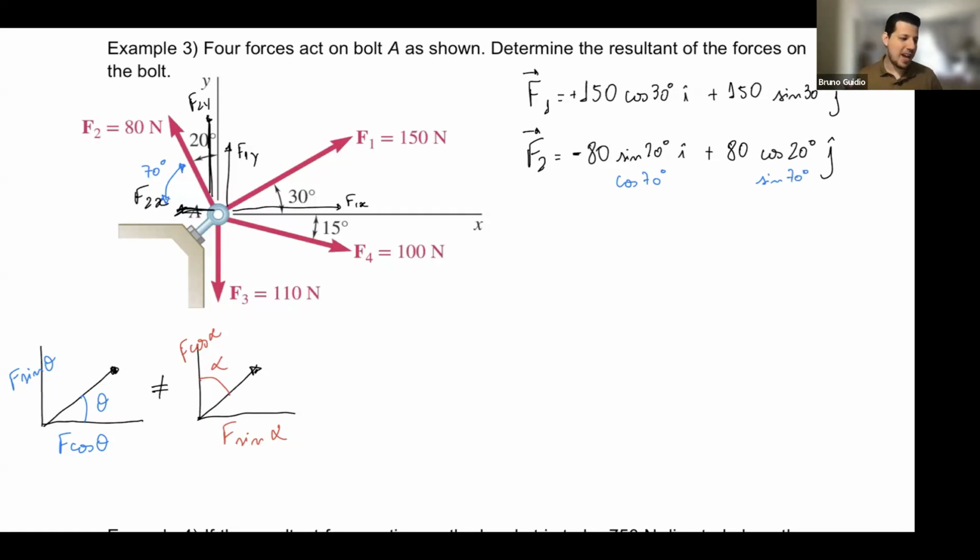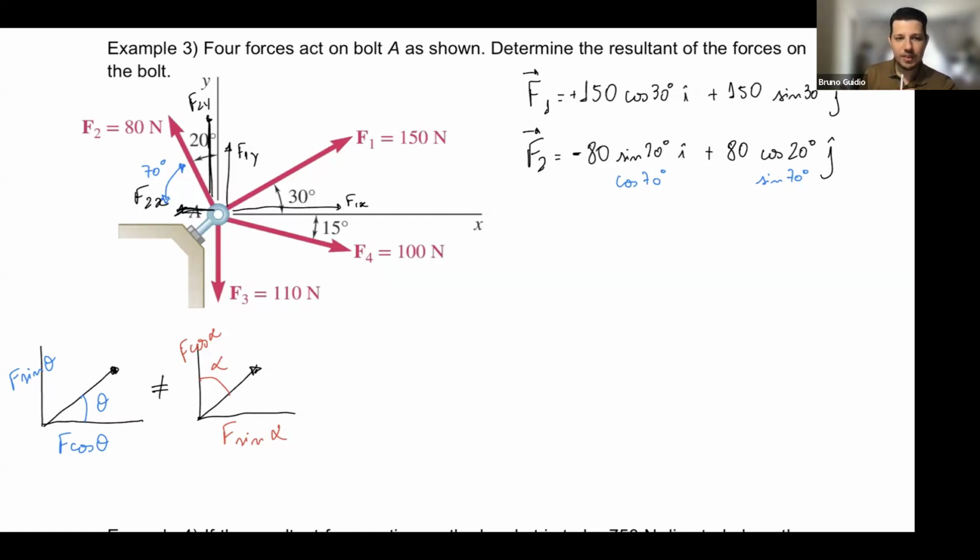Can I do that? Yes or no? What do you guys think? The answer is yes. Yes, you can, because they are complementary angles.